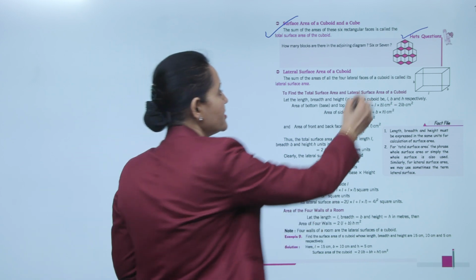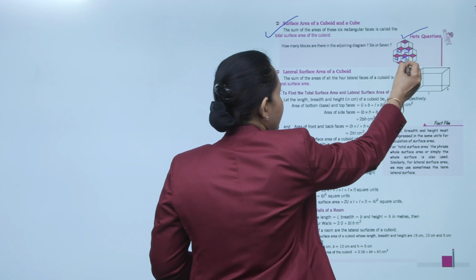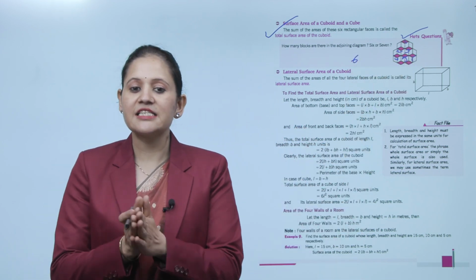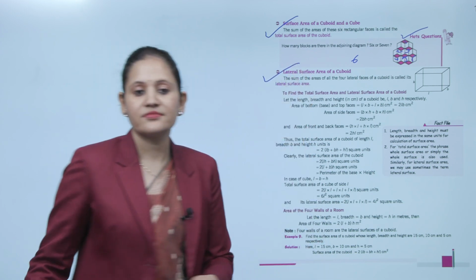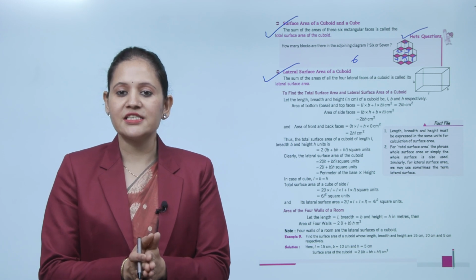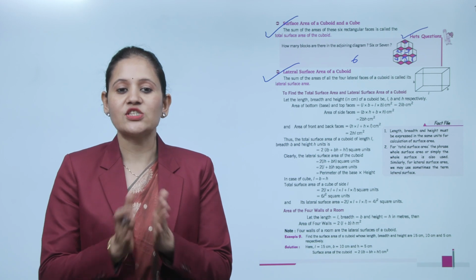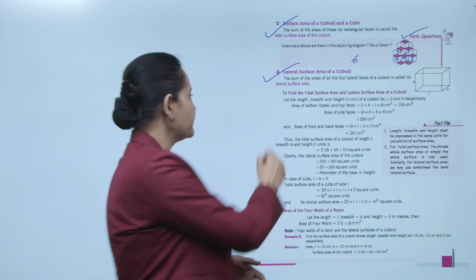So total blocks 1, 2, 3, 4, 5, 6. So 6 blocks are there. Next is lateral surface area of cuboid. The sum of the areas of all the 4 lateral faces of the cuboid is called the lateral surface area. Next is to find the total surface area and lateral surface area of cuboid.